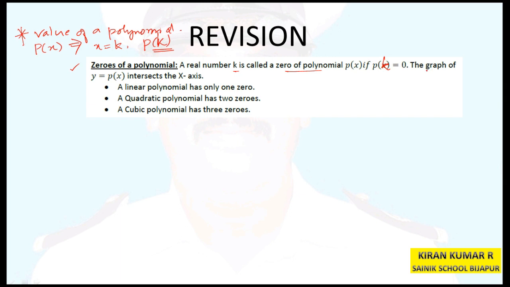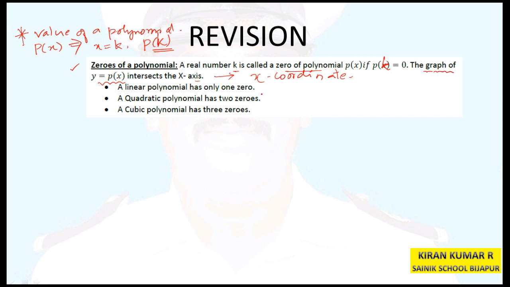We have also learnt the meaning of zeros using a graph. Whenever the graph of a polynomial y is equal to p of x intersects the x-axis, then the x coordinate will give you the zero of the polynomial.